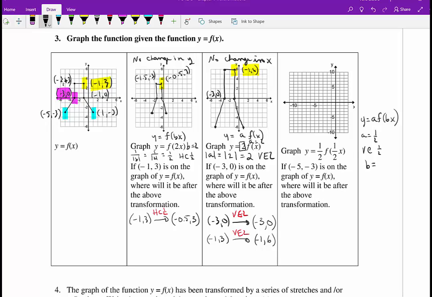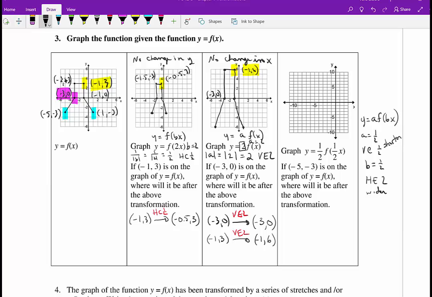Our B value is 1/2. Okay, remember we have to think reciprocal. So that means we have a horizontal expansion by a factor of 2. Okay, so our vertical compression of 1/2 means that our graph is going to become shorter. Our horizontal expansion by a factor of 2 means our graph is going to become wider.